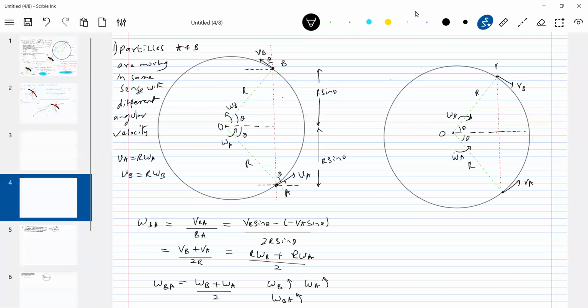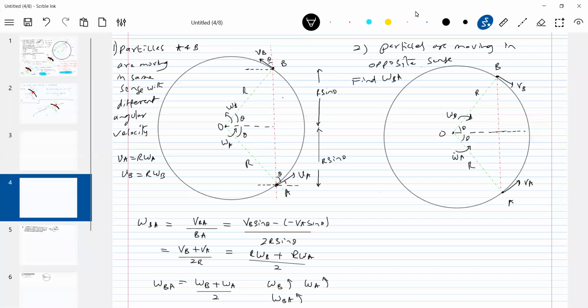There's a particle B, there's a particle A. The particles are moving in the opposite sense. Find omega AB or omega BA. What is the basic formula now? Find omega BA.